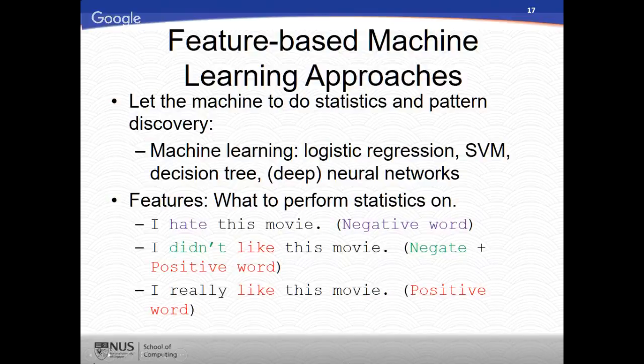Since they have their own patterns, the idea is we do not summarize, we do not create rules. We just put all the things to the computer and make the computer do the statistics. For example, we give the computer data sets which contain 10,000 or 100,000 positive sentences and 10,000 negative sentences, and make the computer do the statistics.